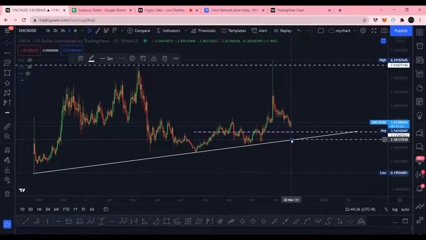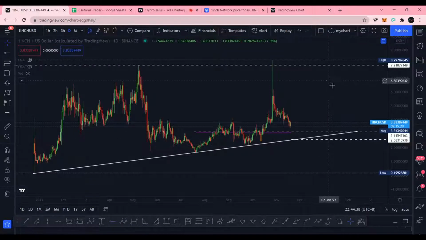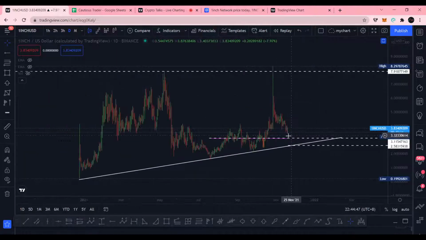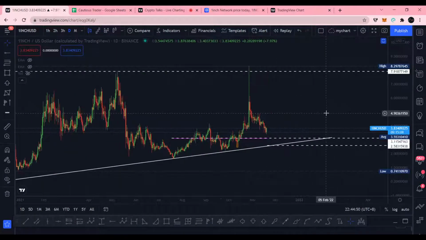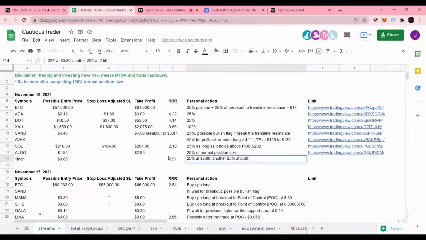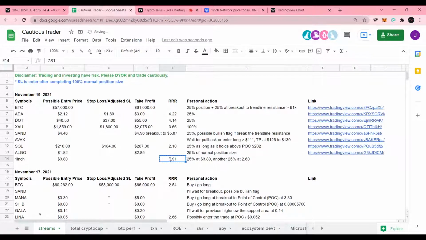Normally I'm that kind of trader. So 2.6 or 2.58 around this area, and then my TP is still that 7.91.